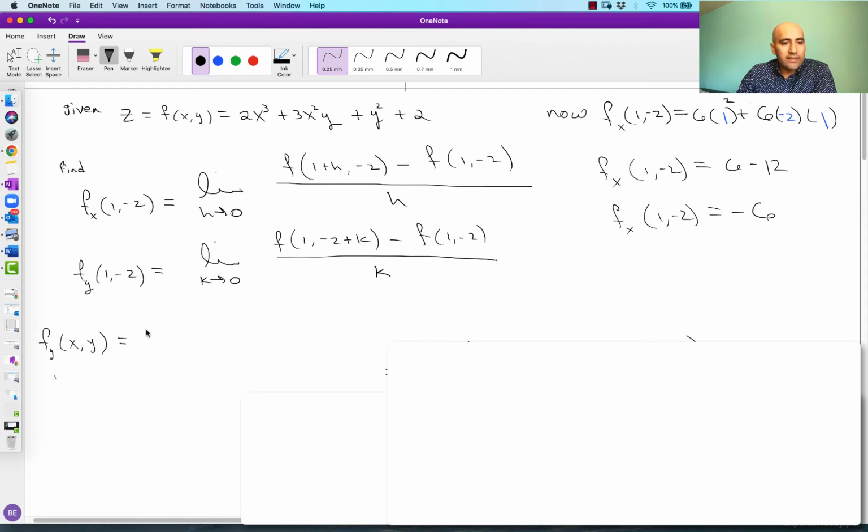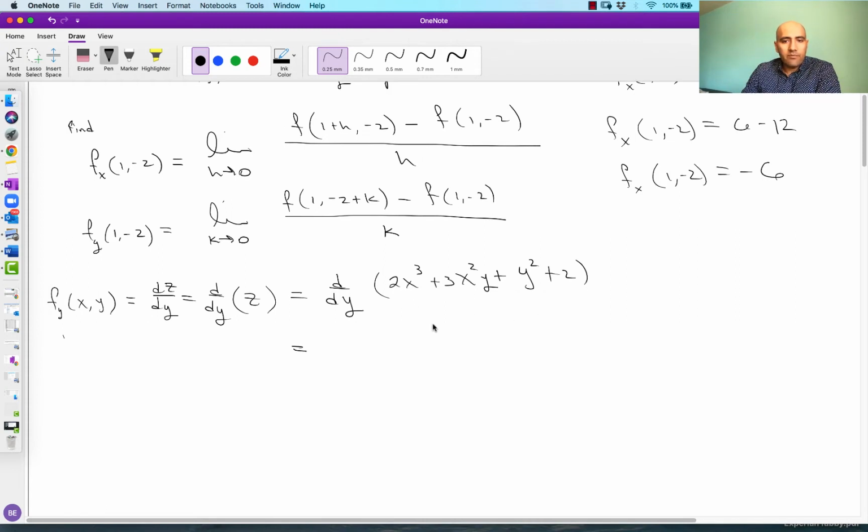This notation is the same thing as a variety of different notation styles. We can also say that this is dz/dy, where z equals this function, which is the same thing as d/dy of the function 2x cubed plus 3x squared y plus y squared plus 2.